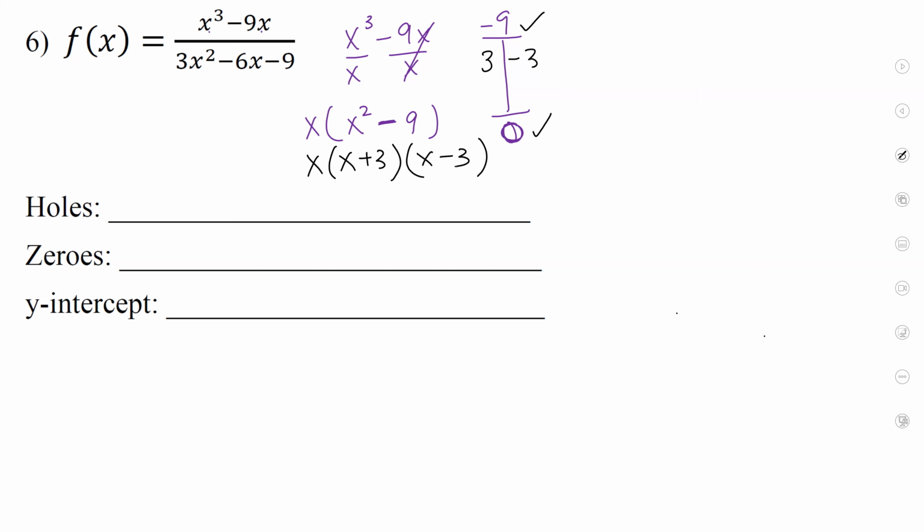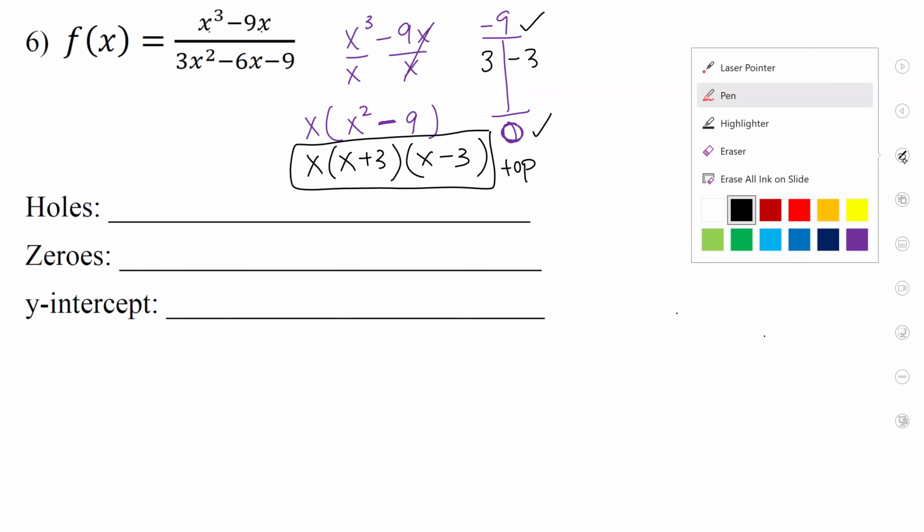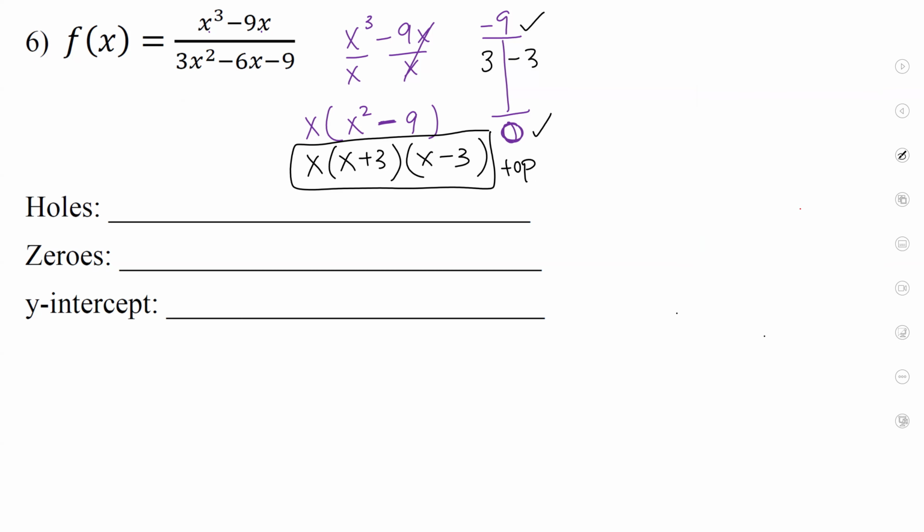Okay, guys, so this was the top. I'll put top. Now let's do the denominator. I'll do it in red. What can all these be divided by? 3. So 3 is on the outside. This is what I'm left with. I have a squared and a number, so I'm going to do an eye chart. 2 numbers that multiply to -3, add to -2 is -3 and 1.